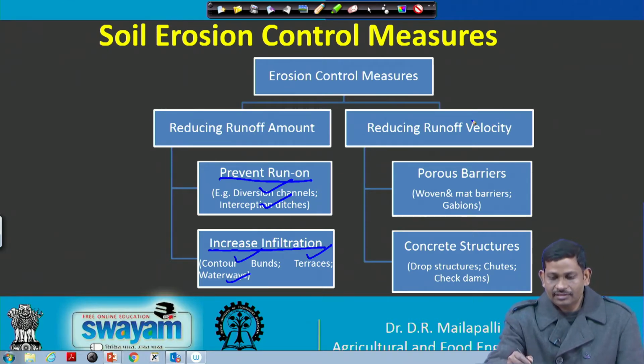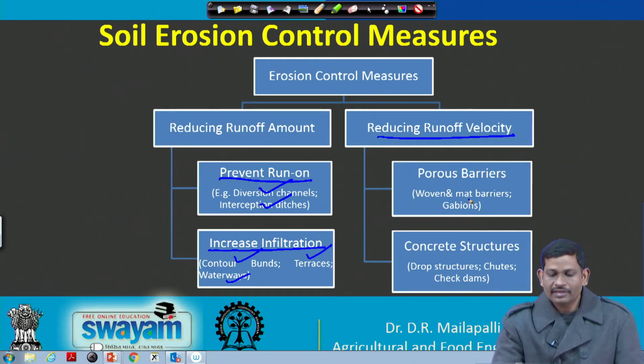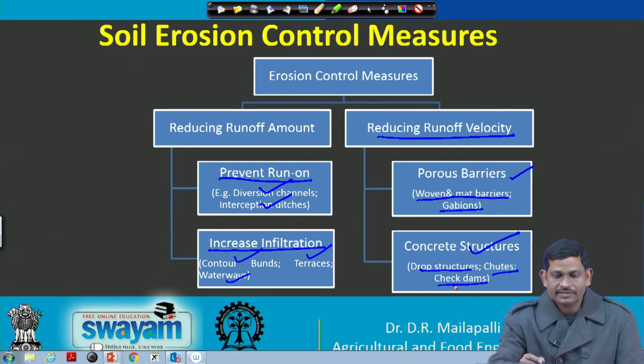Then the second category, reducing runoff velocity. Under this, there are porous barriers, like woven or mat barriers, or gabions. Then concrete structures like drop structures, chutes, check dams and so on. We are going to explain these one by one in this lecture.